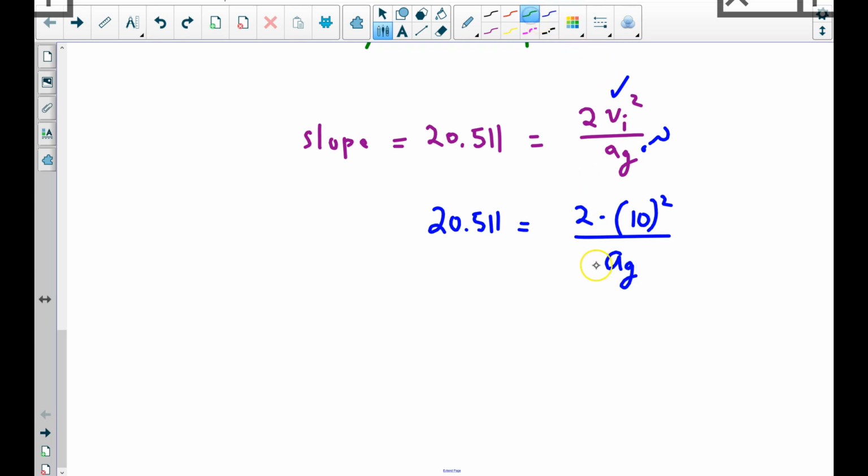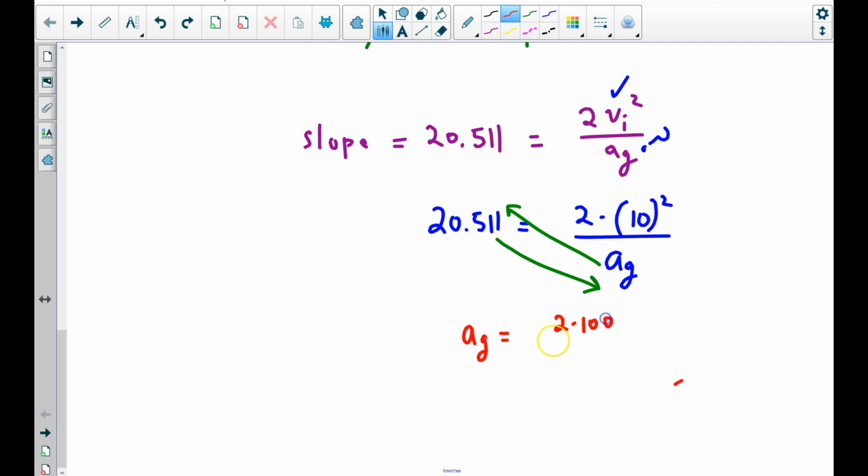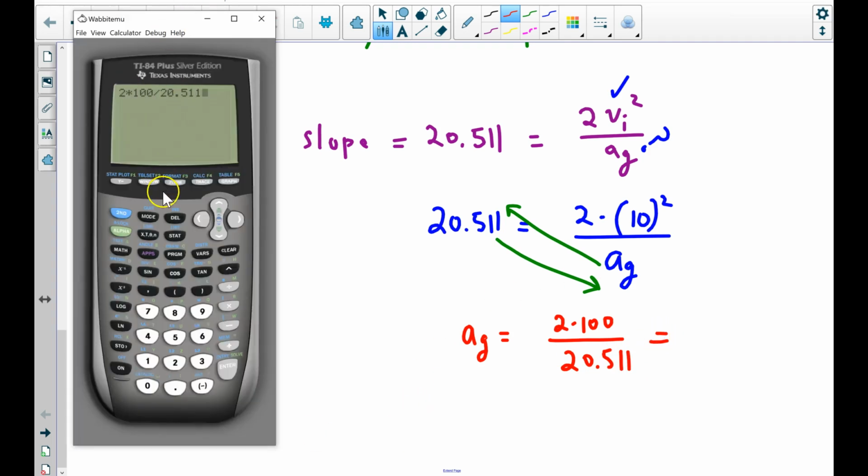So I'm going to cross multiply by AG to get it out of the denominator. I'm going to divide both sides by 20.51. 2 times, well, that's easy for me, 100 over 20.511. Is this 9.81?